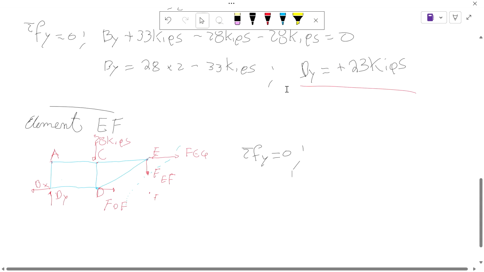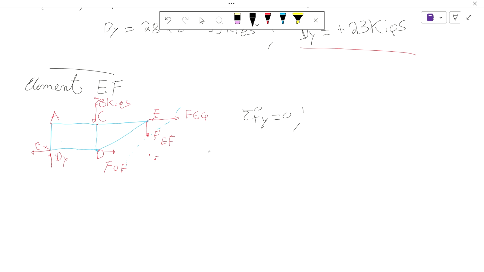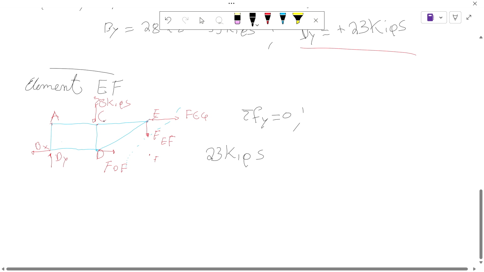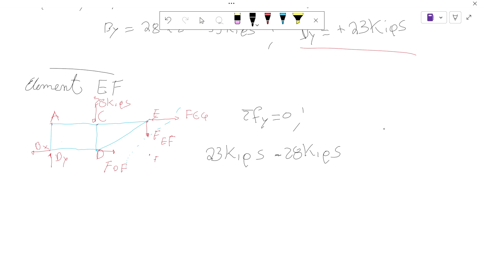By, what is By? Yeah, By, which is 23 kps. So that's that force, minus the boundary force, which is negative 28 kps. And then the next force that we need to consider is this vertical force. And that's the one we need to find.